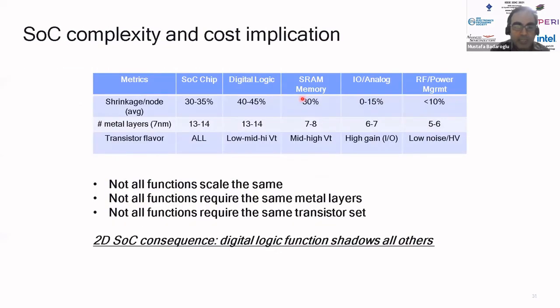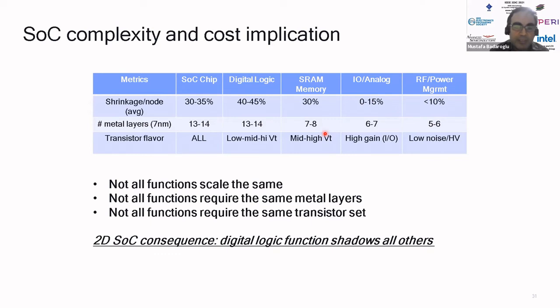So the cost reduction synergy for 3D is pretty important. One of the cost reduction synergies is the number of metal layer reduction, because many of the dies do not require that many levels of metals for routing.